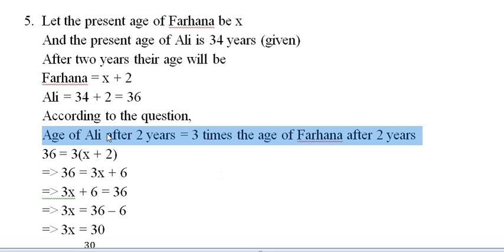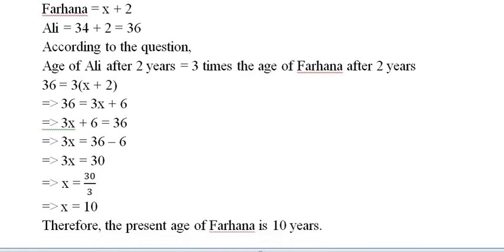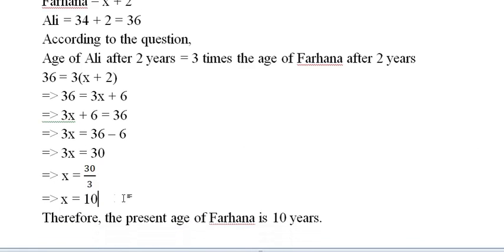The age of Ali after 2 years is 36. So 36 equals 3 multiplied by the age of Farhana after 2 years, which is x plus 2. Now find the value of x. When you find the value of x, you will get 10. So the present age of Farhana is 10 years.